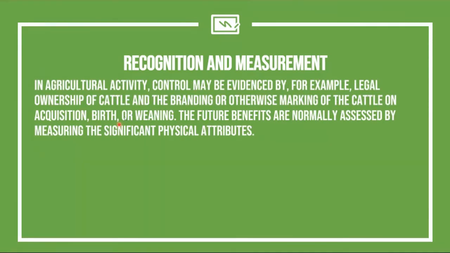So in the case of agricultural activity, how do we determine if we have control over that particular activity or biological asset? It can be through legal ownership, branding, or otherwise marking of the cattle or the biological asset on acquisition, birth, or weaning. The future benefits are normally assessed by measuring the significant physical attributes.